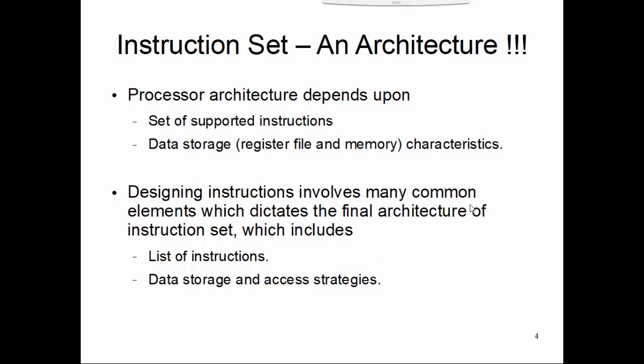Then based on that requirement study, they come up with a common understanding of the functions to be supported by the processor. By supported functions, I practically mean the supported instruction list.